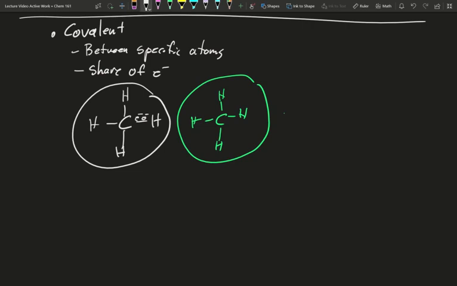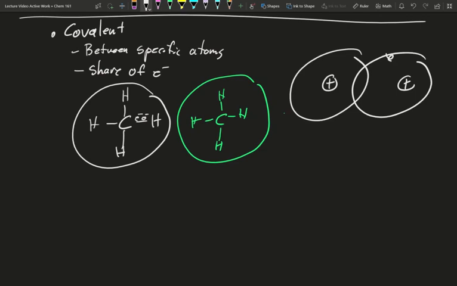What is a covalent bond then? Well, it's an overlap, just like metals. I have some nuclei, I have some electrons, and both atoms' nuclei are attracted to both electrons. But unlike metal orbitals, which are large and diffuse, the covalent are much smaller.